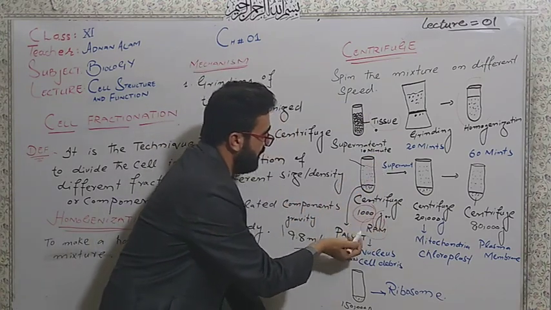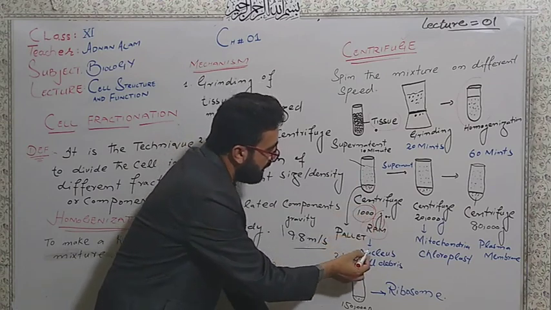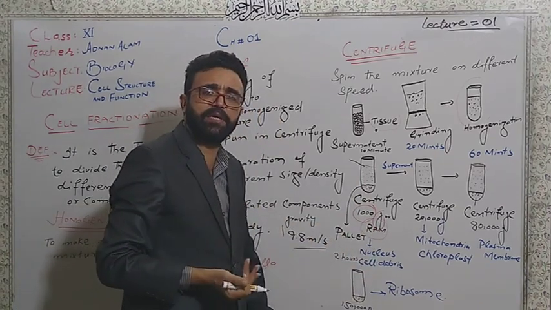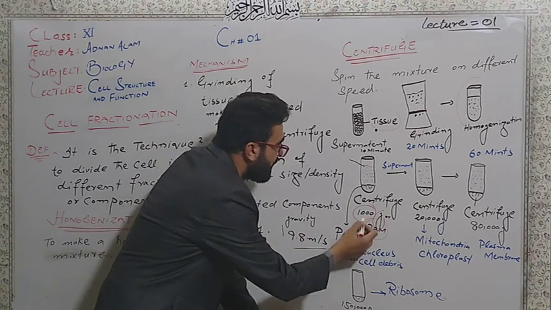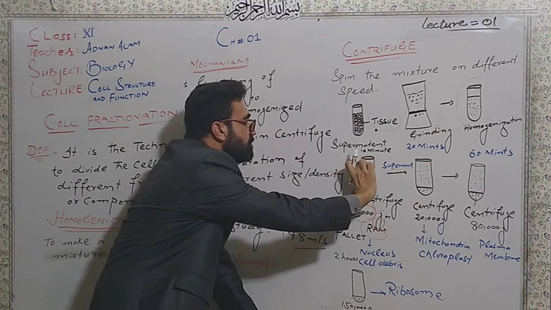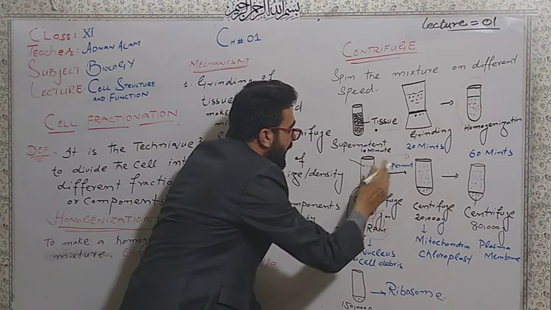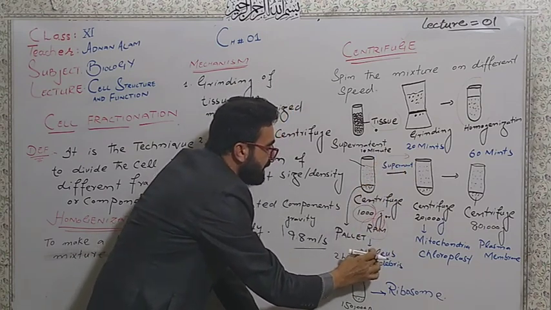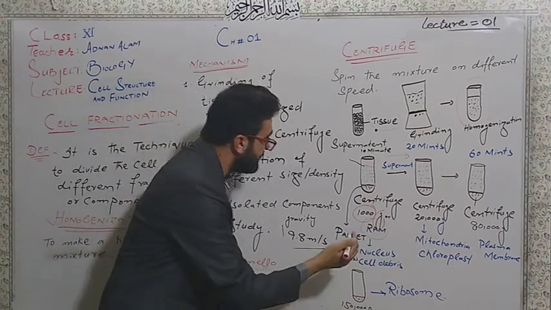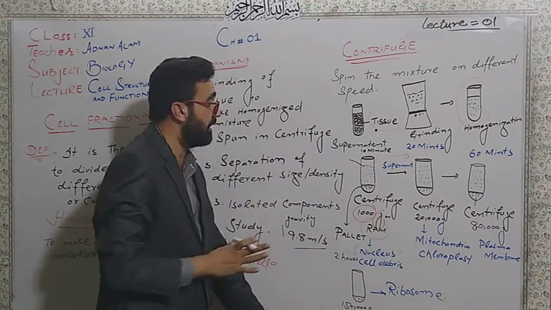So if we spin this solution at 1000 G, the nucleus and the cell debris, membrane debris, will be obtained in the pellet, and we will transfer the supernatant solution into another test tube, and the nucleus and cell debris will be isolated. If we desire just to study the nucleus, then our process is completed.